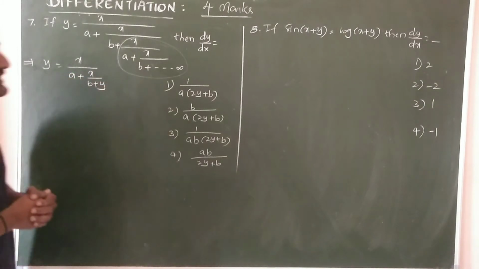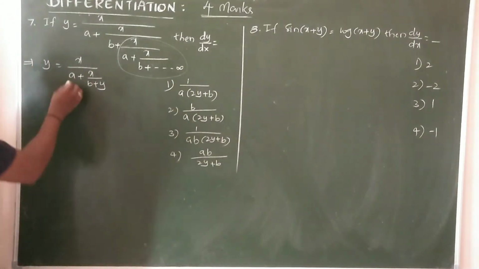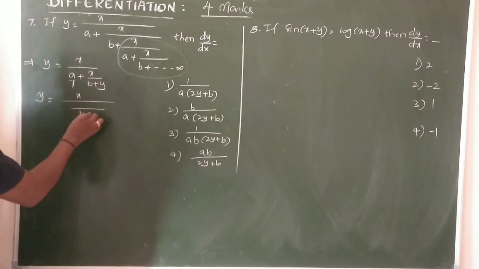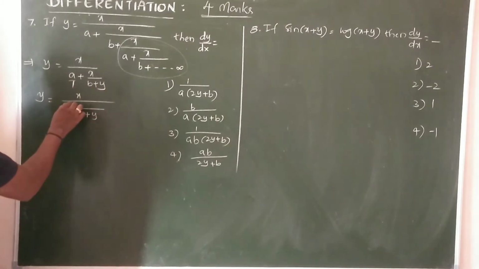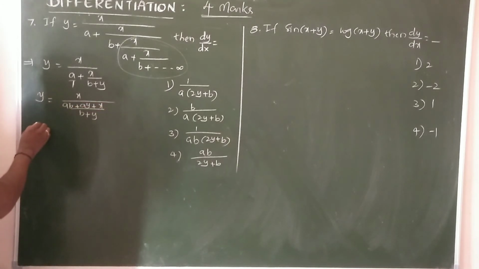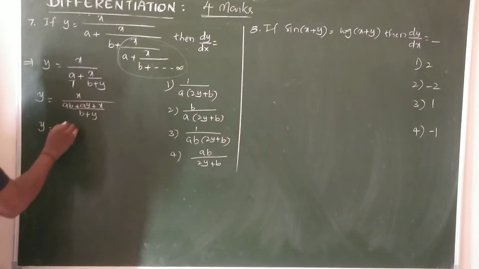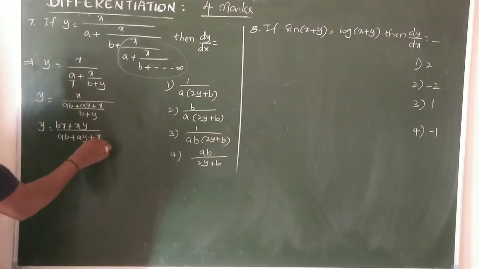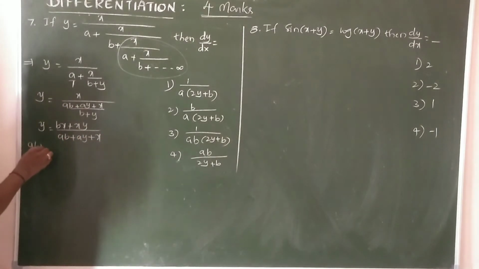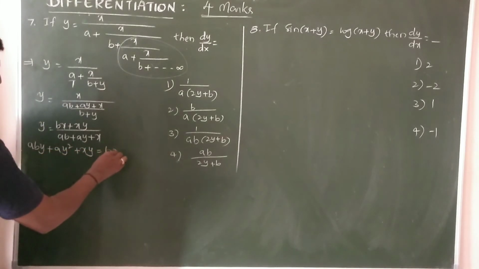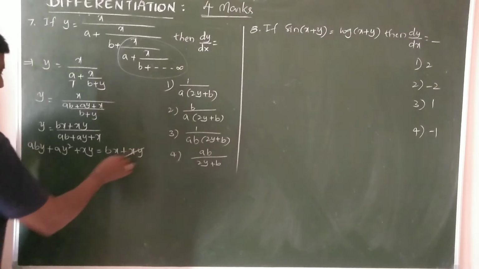Okay, let's simplify and also find dy by dx. First of all simplification, then y equals x by, now it is b plus y, take the LCM. Now ab plus ay plus x. Okay, then x equals, it is nothing but bx plus xy by ab plus ay plus x. Multiply here, aby plus ay square plus xy equals bx plus xy, xy gets cancelled.